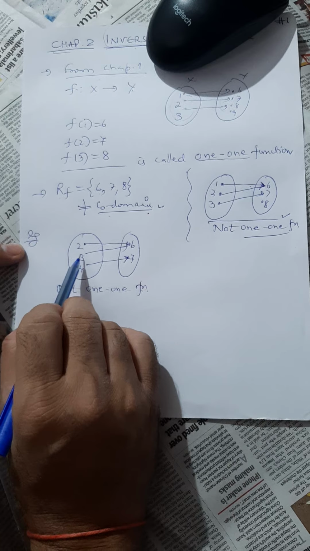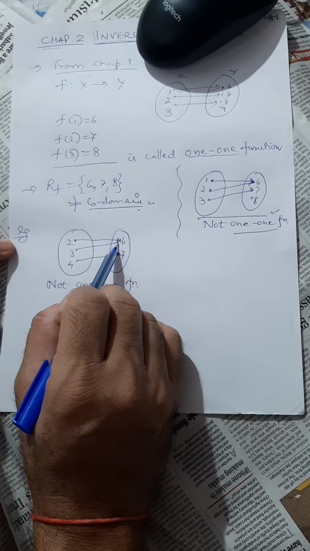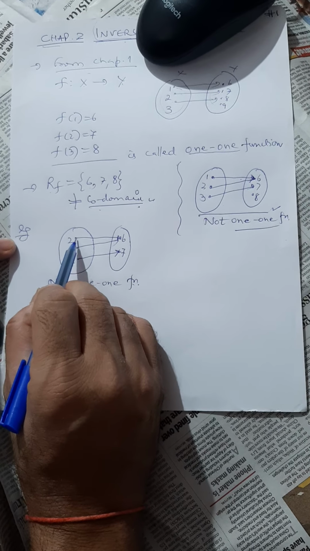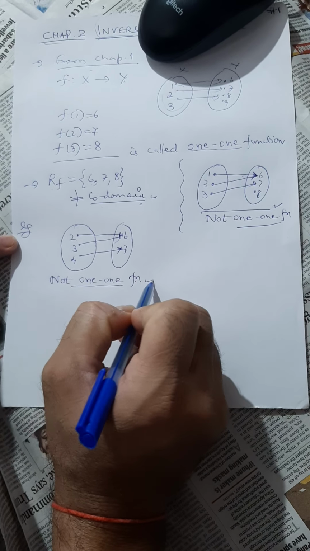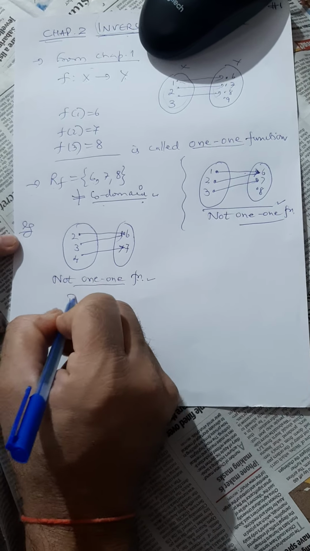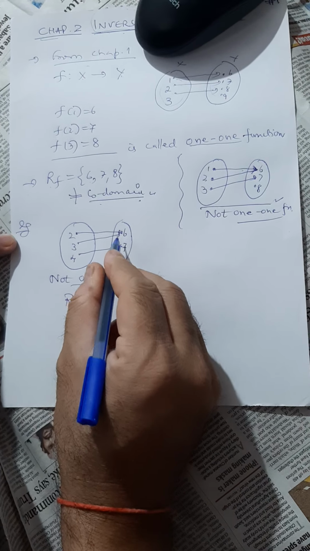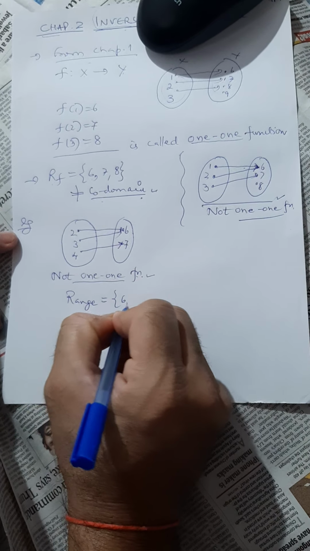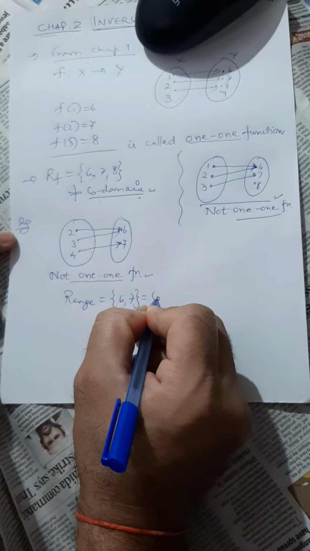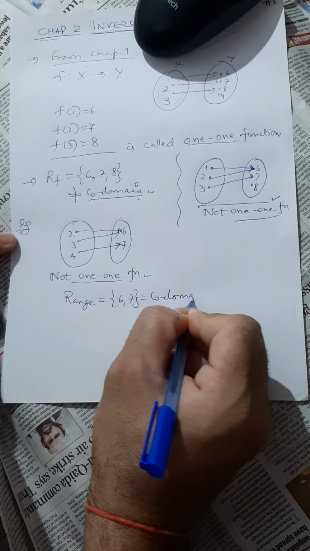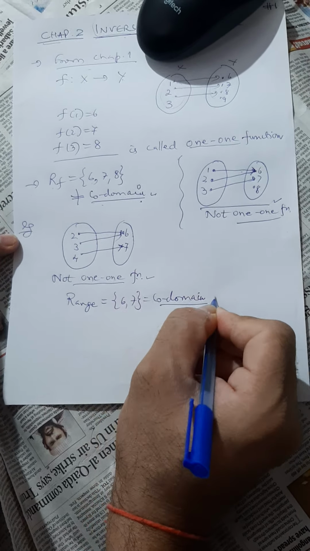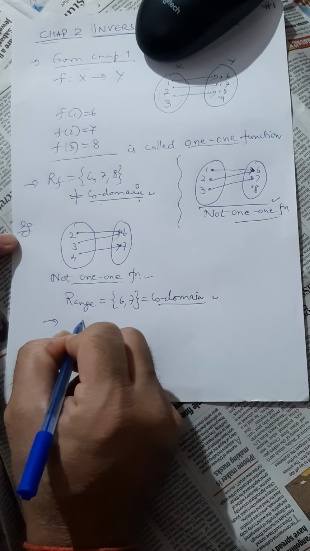Because 2 and 3 both are connected with a single member. But if you look at the range of this function, which is 6 and 7, that is the same as the codomain. That is equal to codomain. So such a function is called onto function.